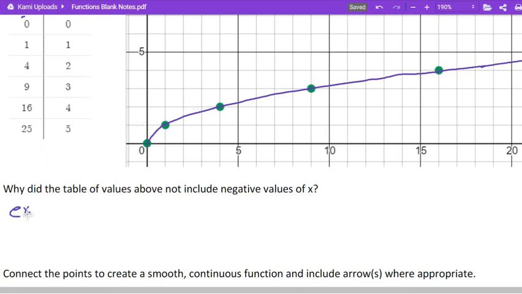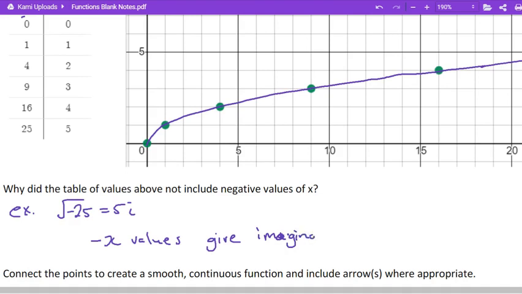So let's write an example. If we have negative 25, well, that would give us 5i. So negative x values give imaginary numbers. Imaginary values. And we cannot graph imaginary values, right? On this graph.